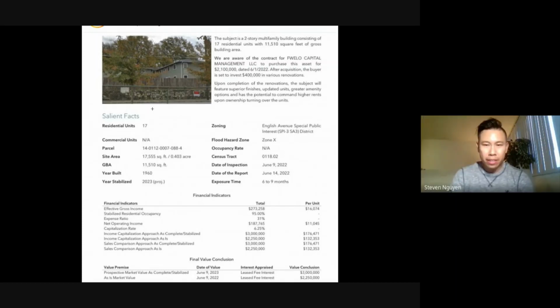So the cap rate is going to be, half the income is 135K roughly, and then you divide by 2.1 million, so it's a 6.45 cap. That's not terrible, but that's stabilized. It's a 6.25, right?